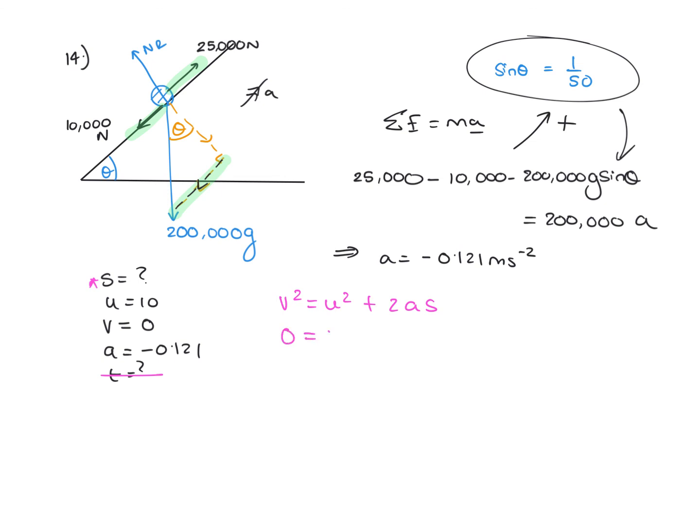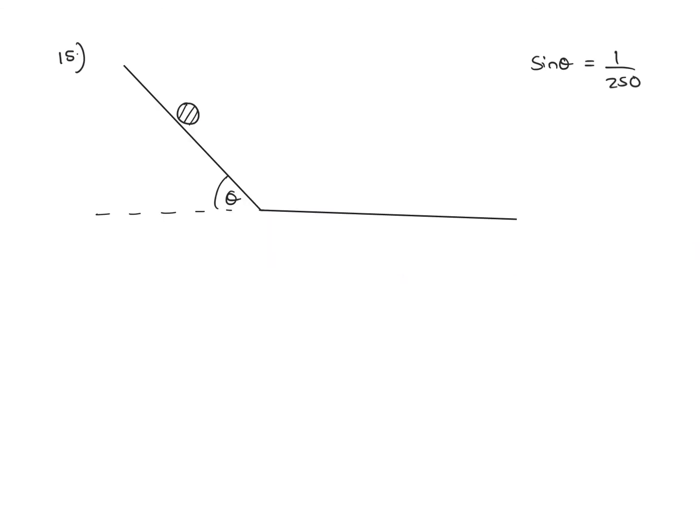So 0 equals 100 plus 2 times minus 0.121 multiplied by s. Again, make sure you don't confuse s for a 5. And this gives us s equals 413.223, which is 413 metres to 3 SF as required.